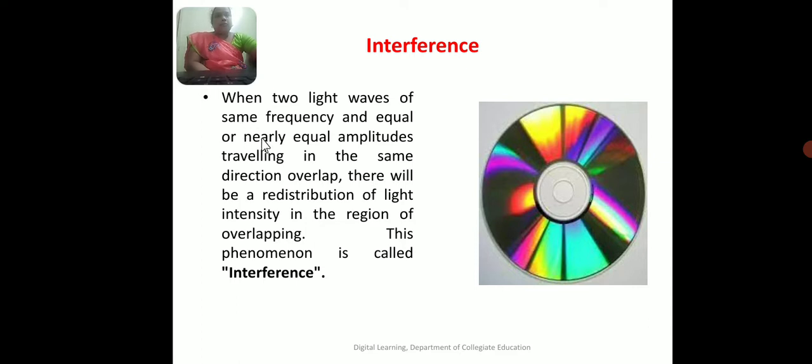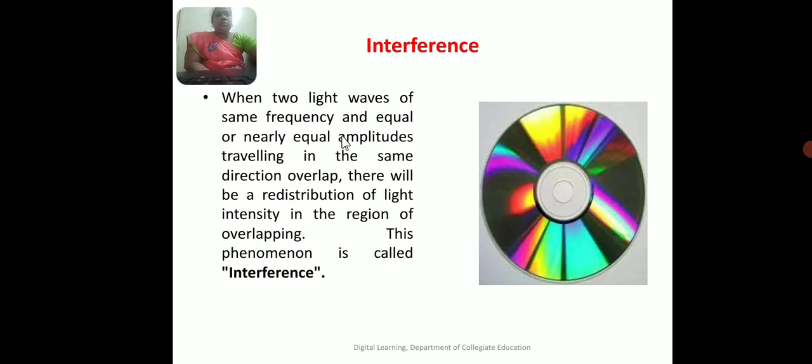But when two light waves are superposed with each other, for example, if we glow two luminous bodies, there is a superposition between the two waves. This phenomenon is known as interference of light.